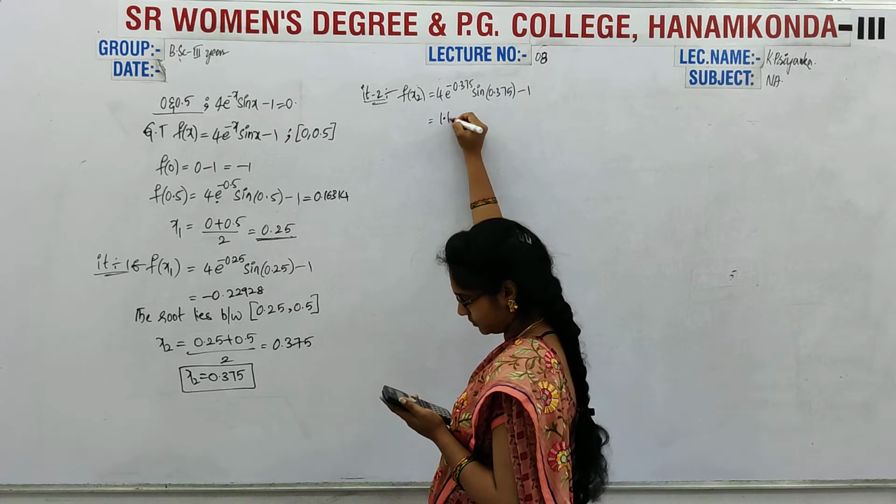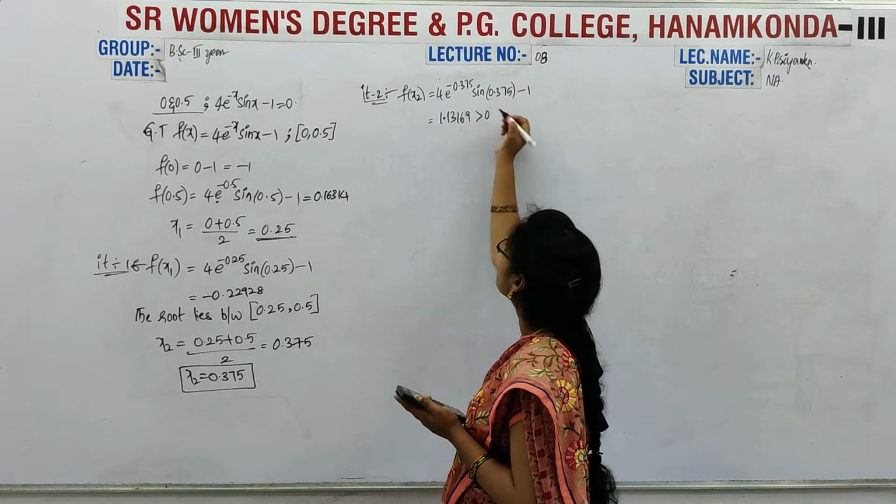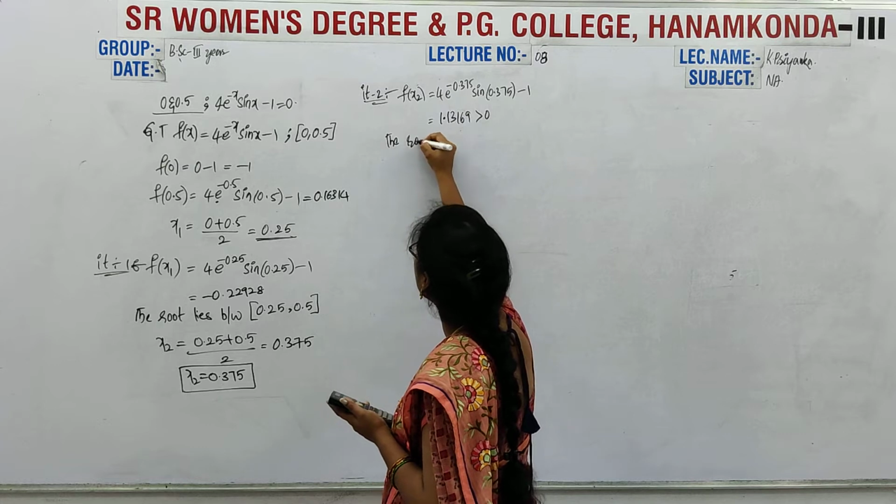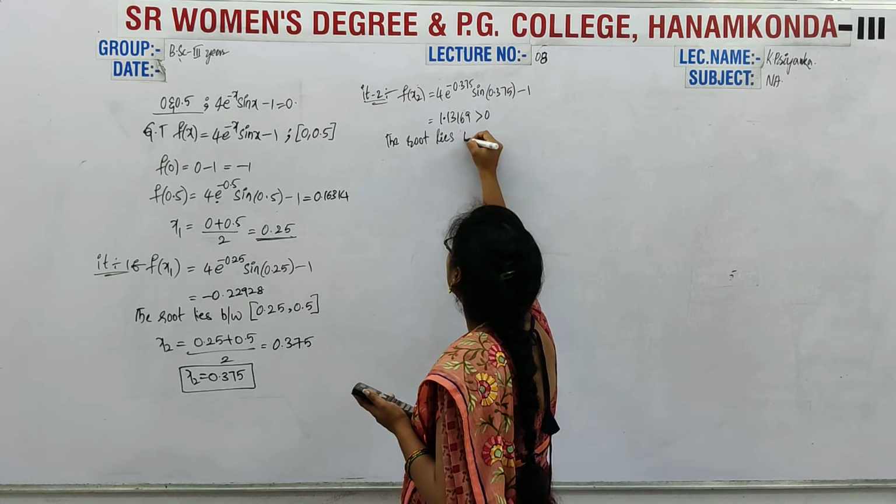So it is a positive value. Positive value means therefore the root lies between, where?